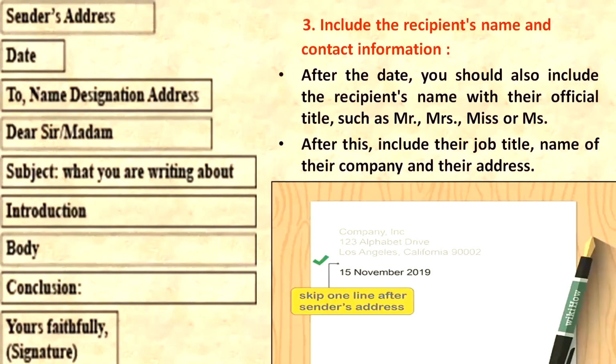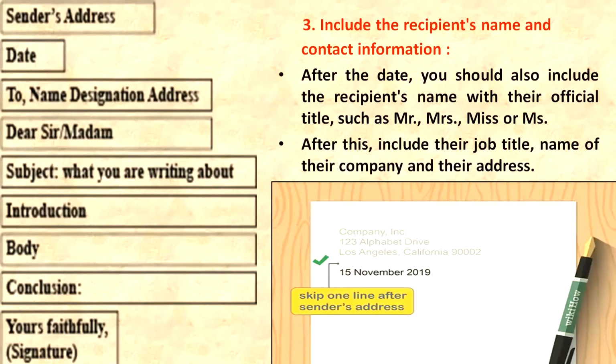The next element is the recipient's name and contact information. So soon after the date, we need to include the recipient's name along with their designation. Before the name, we need to write their official title, such as Mr., Mrs., Miss, depending on whom you are writing to.